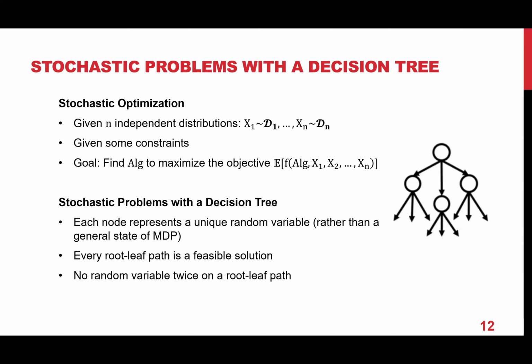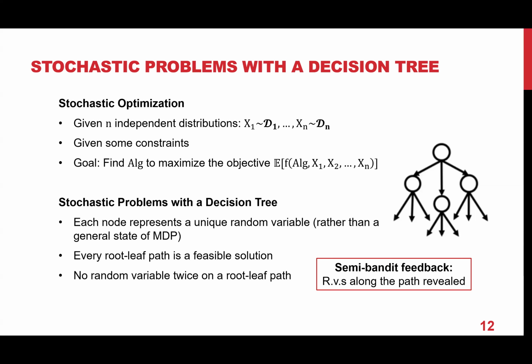You can also capture problems like submodular cover and many others, such as stochastic matching problems. In many of these problems, the optimal policy looks like the following: you get to see the realization of a random variable, then move to another random variable, then another. So any stochastic problem where the optimal policy looks like a decision tree where the nodes represent random variables is what we are studying.